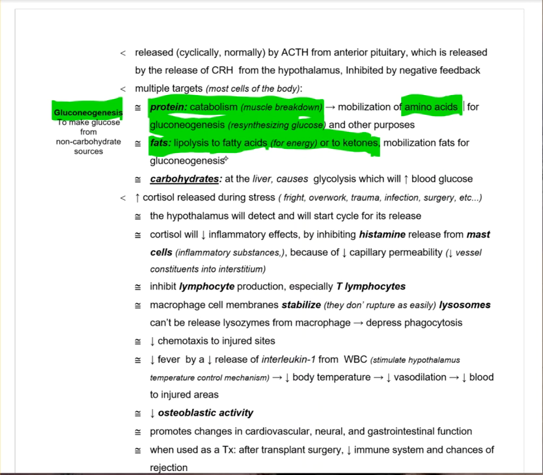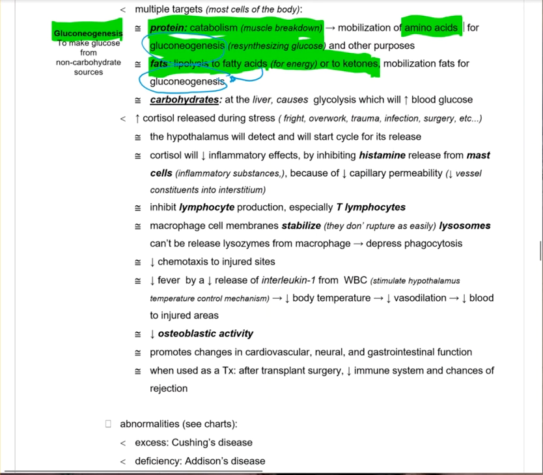That will also allow you to turn them into glucose, using these in gluconeogenesis again. And then, of course, we can take carbohydrates at the liver, like glycogen, and break down glycogen into glucose. That one is pretty straightforward.